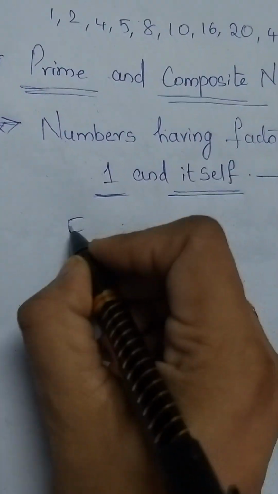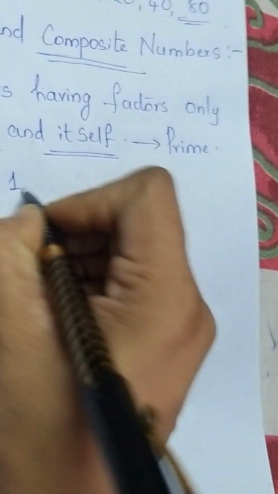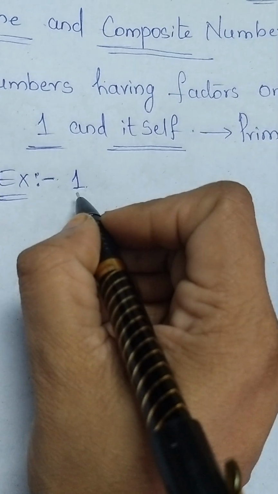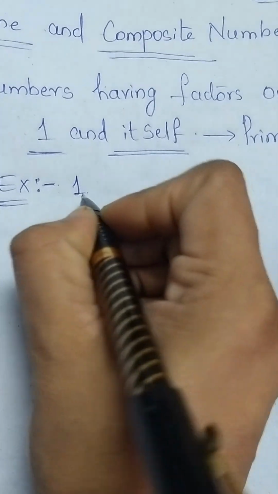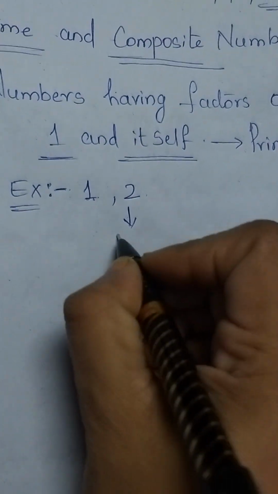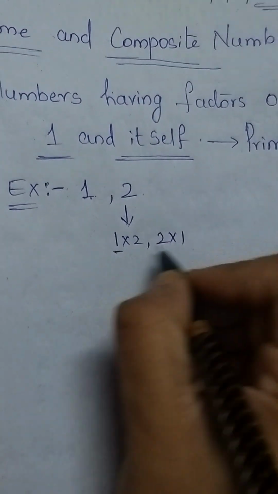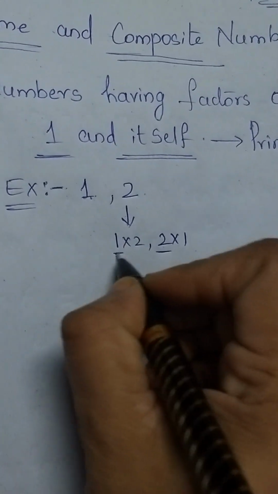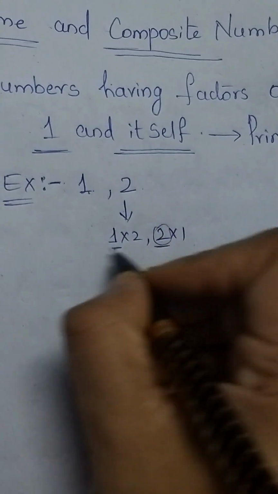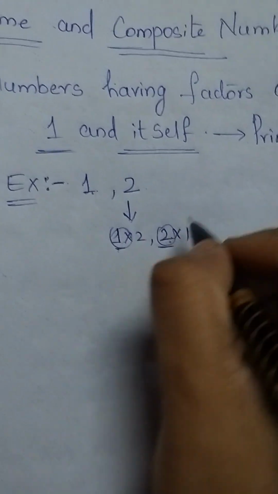I will show by example so you can easily understand what prime numbers are. 1 and itself is a factor. 2: 1 is a factor and 2 ones are 2, so 1 and 2 are the only 2 factors.